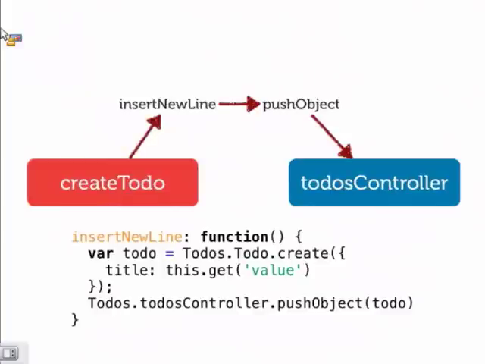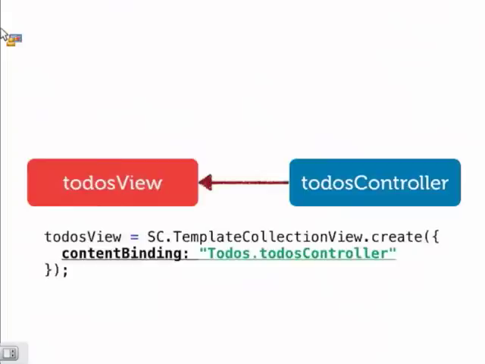So now the to-dos controller is out of sync with my normal view momentarily because it has a new object which is not yet reflected in the view. And what happens is that because I set that binding, without me having to do anything else, that new item will get reflected properly in the view. So I won't have to do anything. All I did was push something onto the controller, and now my list view will automatically get updated.